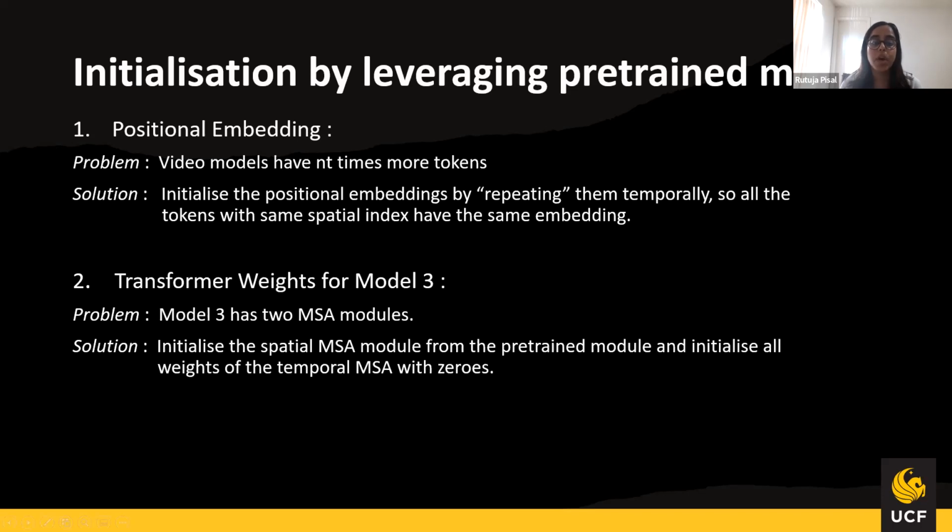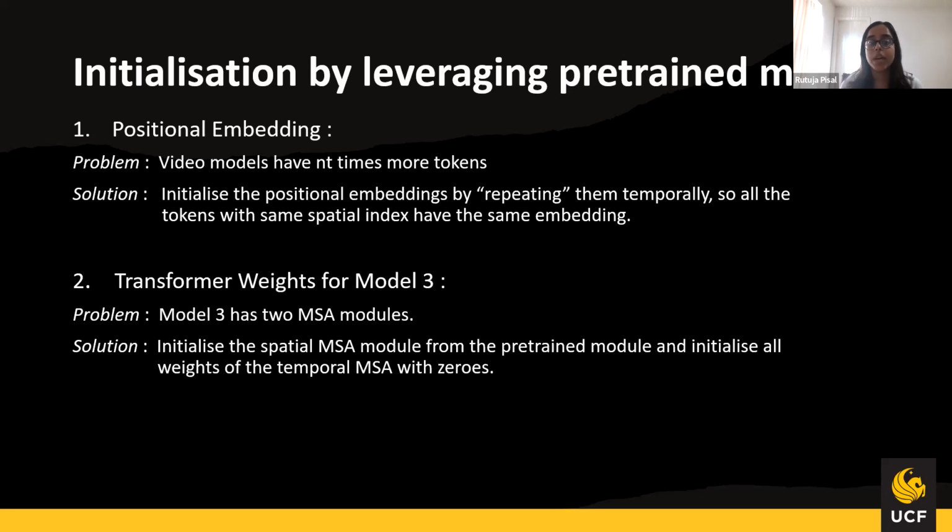So to overcome this issue and enable more efficient training, the authors initialized the video models using pre-trained image models. With this, 3 problems arose. The first problem that they faced was of positional embedding, which is that the video model has NT times more tokens as compared to the image model.